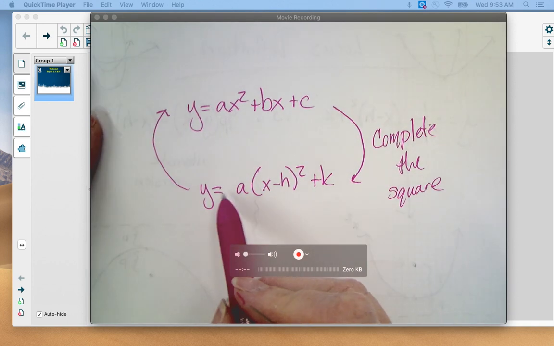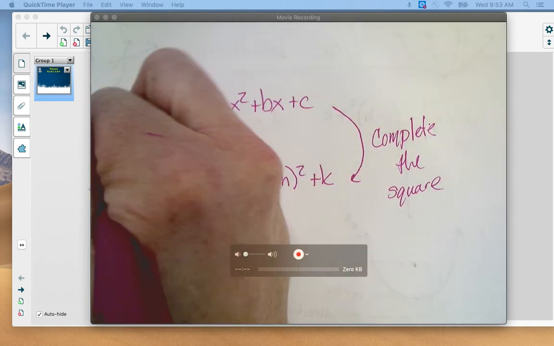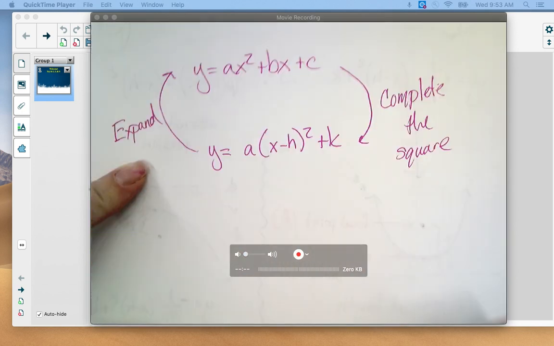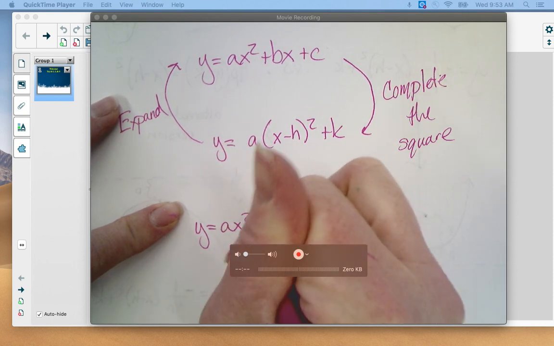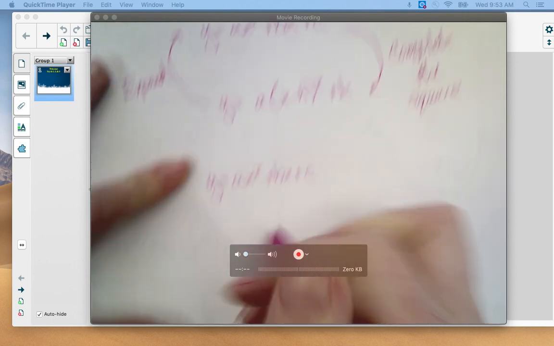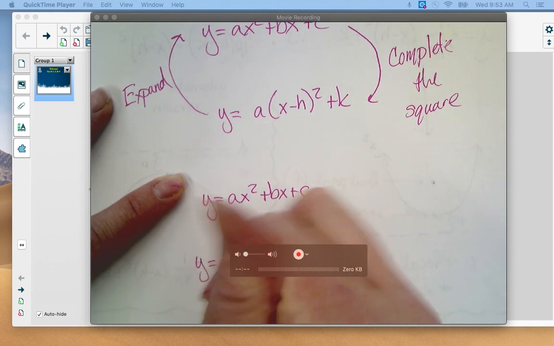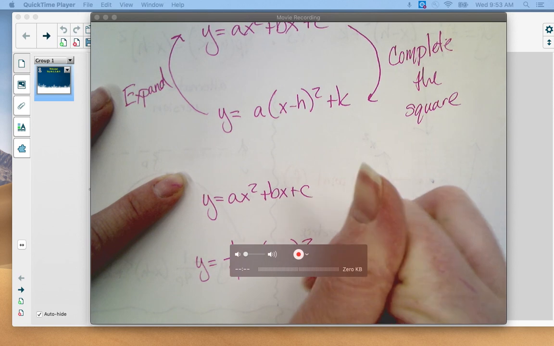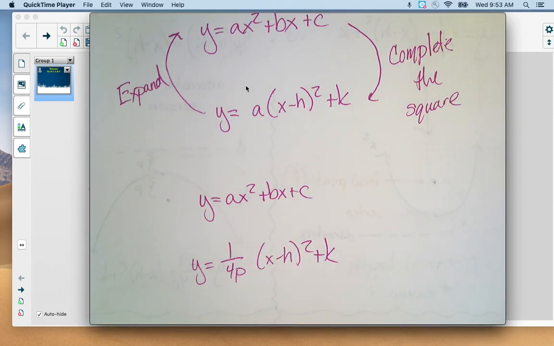And then remind me, how do we go from vertex form back to standard form? We expand it out. So the exact idea, if I had it in standard form, and I want to put it into our locus definition, is that really anything different than our vertex form?